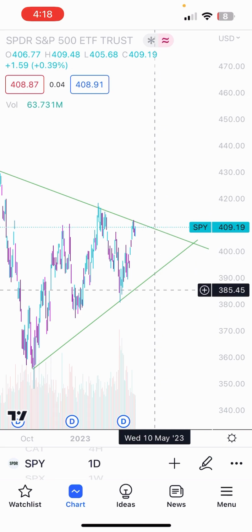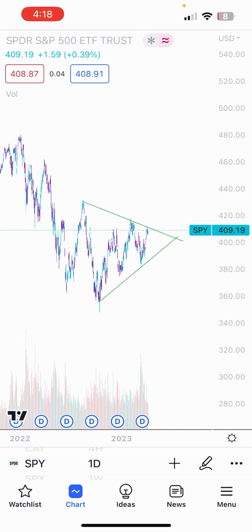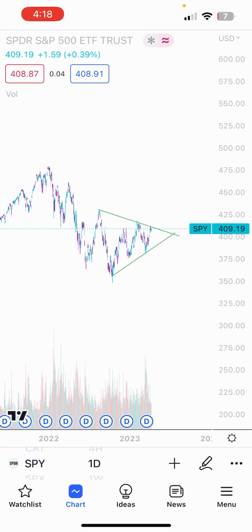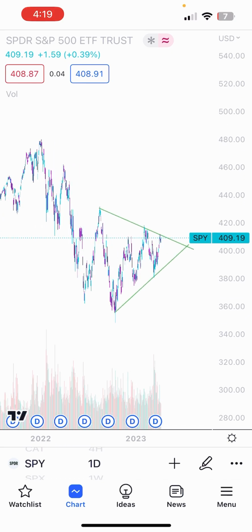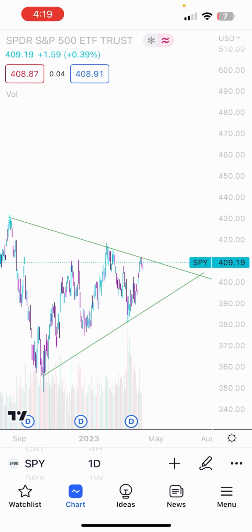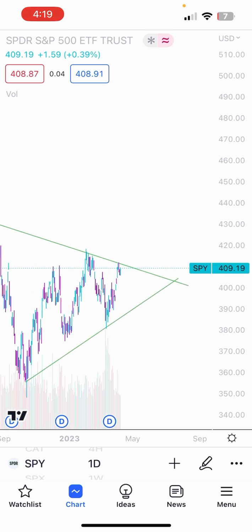It's the same as for a downside move, but this could be a downside move. But remember, we all play with probabilities, so we don't know if this is going to play as a downside move or an upside move. That's why we need to prepare for either scenario.